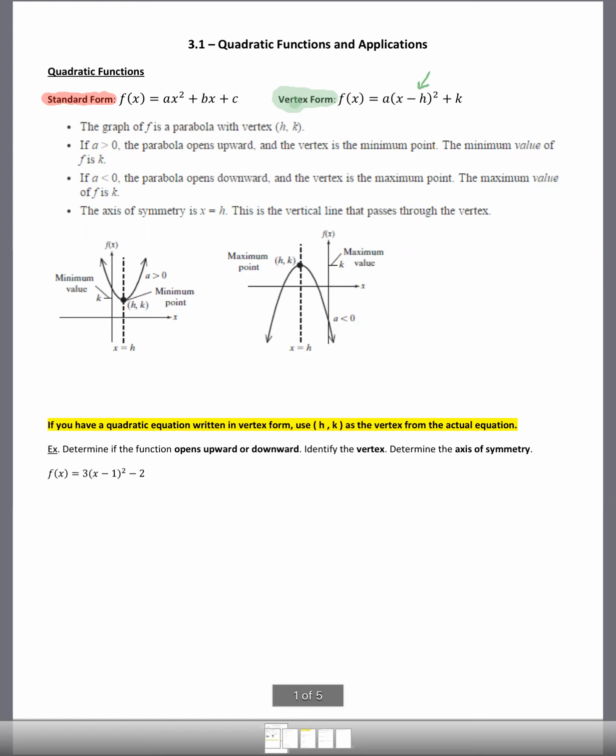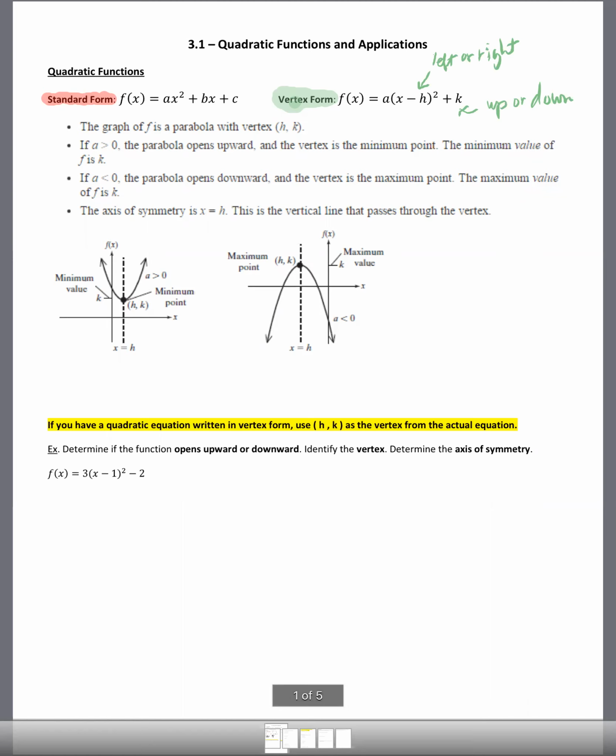And so it would tell us we are going to go to the left or to the right, moving our points, that is, for each point in the graph. And then the k value here was what we referred to as the vertical translation. And this is the one that would tell you if it went up or if it went down, if the actual picture would scoot all the way up or if it would scoot down for some reason.